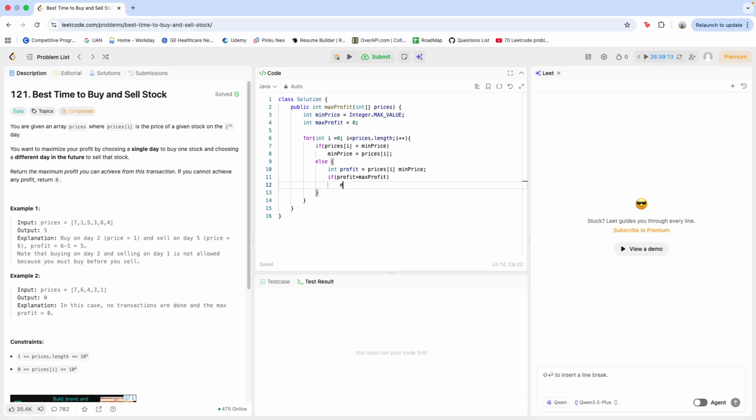It's a simple check. And we can just return the max profit.